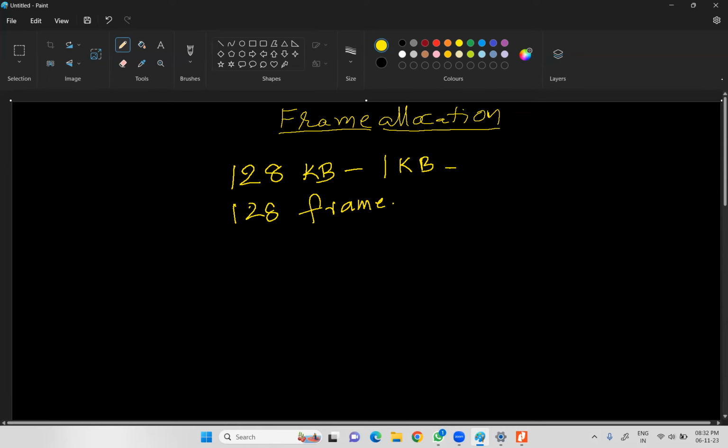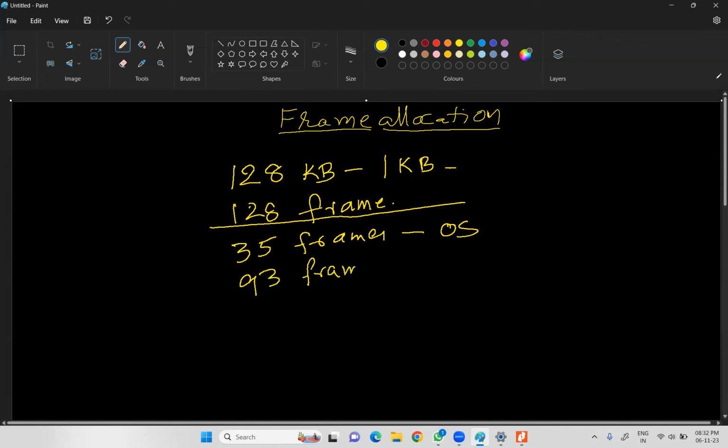For example, 35 frames out of 128 have been taken by the operating system, so the remaining frames will be 93 frames, which are free.